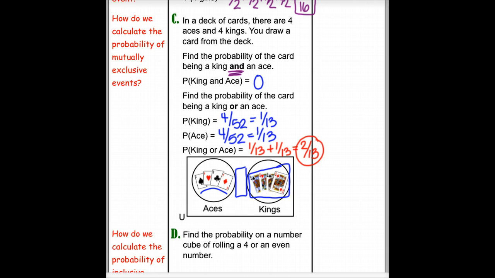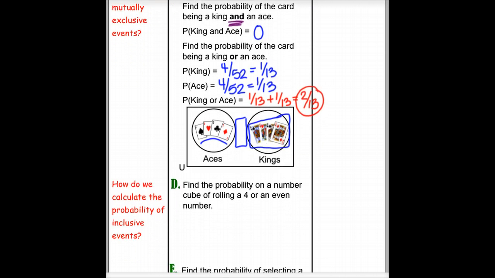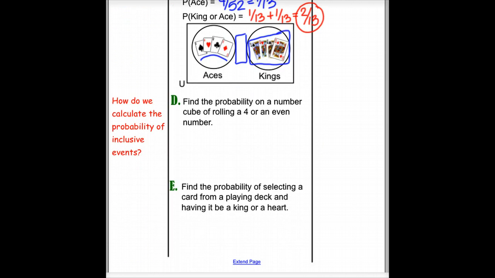So now that we've seen mutually exclusive, now let's talk inclusive. So we want to find the probability on a number cube of rolling a 4 or an even number. Well, if I make a Venn diagram, I have a 4, the probability of getting a 4, and I have an even number, which is 2, 4, 6. Well, I see that we have 4 in common, so I'm going to put the 4 here, and I've moved these 4s there.